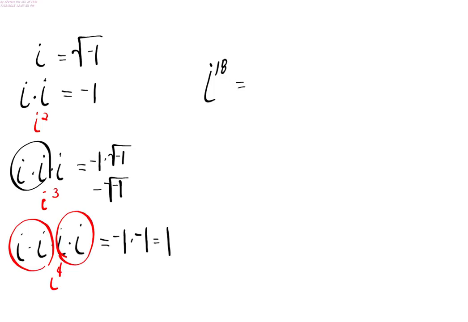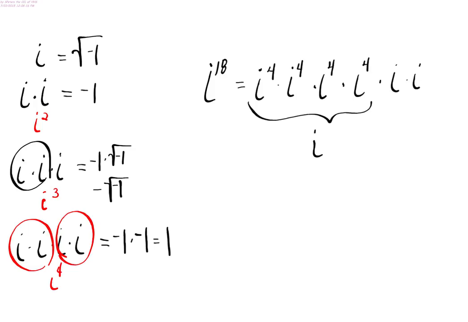So let's find out. i to the 4th times i to the 4th gives me i to the 8th, times i to the 4th, that's i to the 12th, times i to the 4th, that's i to the 16th, and I have 2 more i's happening. So this right here is i to the 16th times i squared. Well, those are perfect ones, remember.